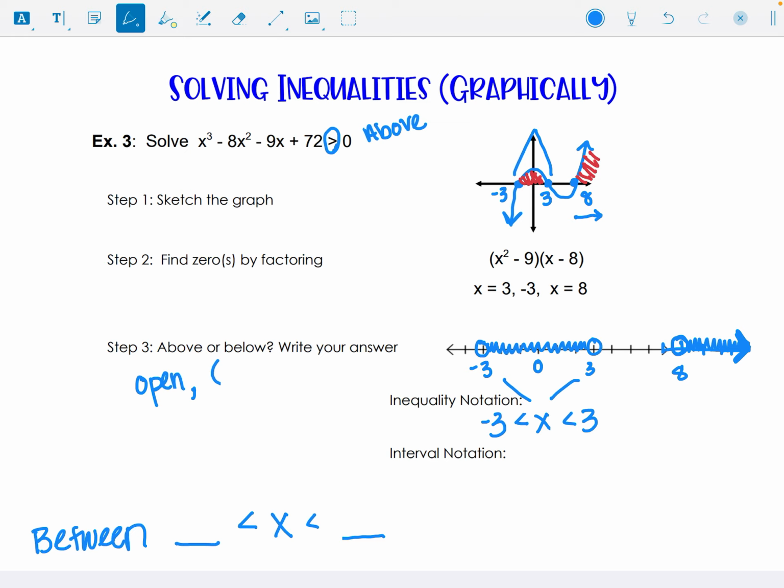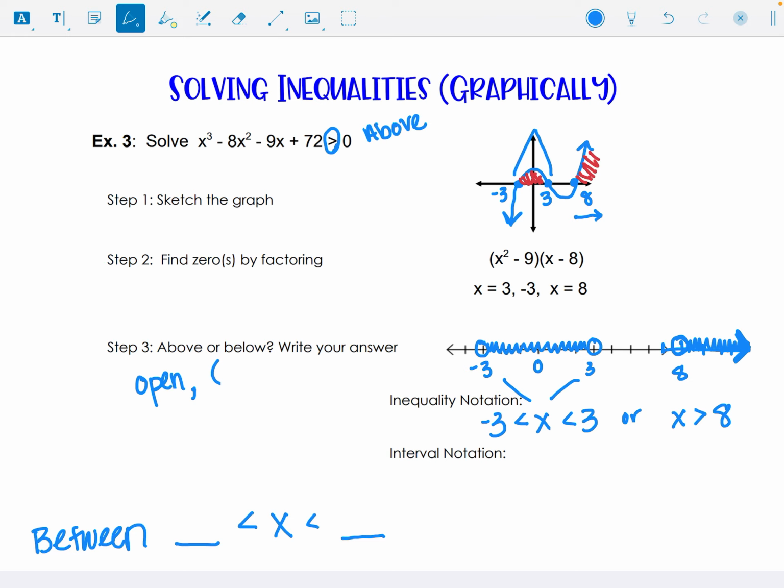And then those could be less than or equal to symbols if the original problem was. Okay, so that's my first inequality, or the first section that was shaded. Or this one over here, since I'm shading to the right of 8, we're going to say x is greater than 8. And so x is representing the part that I'm shading.